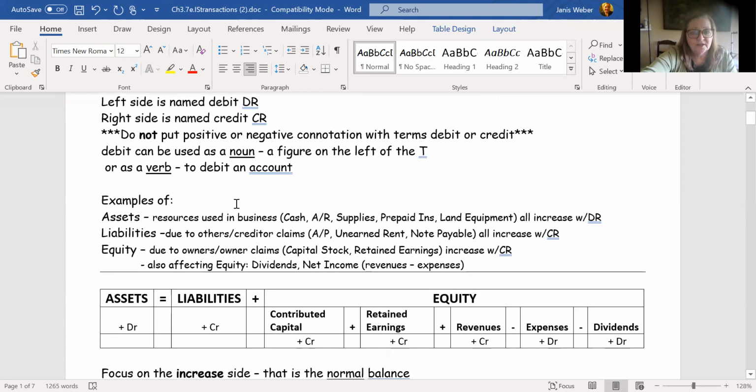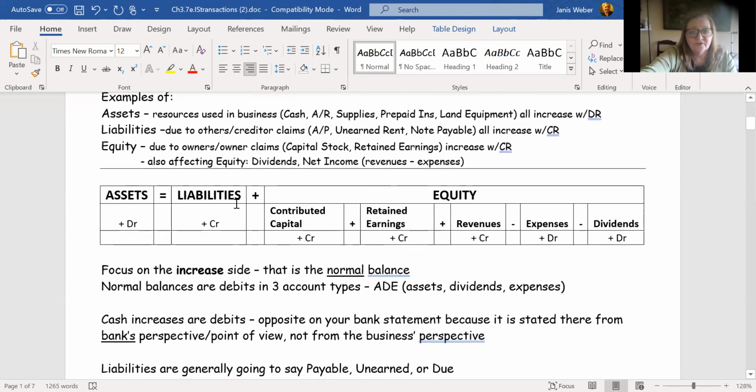Okay, and then the next thing we talked about was the different kinds of accounts that fall under assets, liabilities, and equity. Assets are resources the company owns. Liabilities are amounts that we owe, either we owe cash or we owe a service because it's unearned revenue at this point.